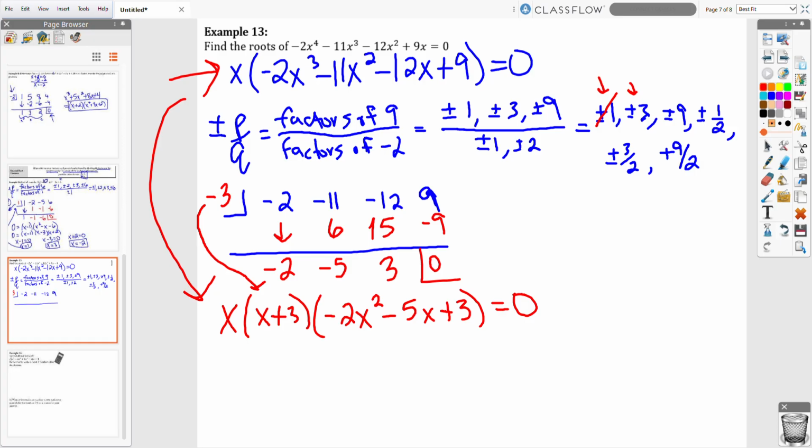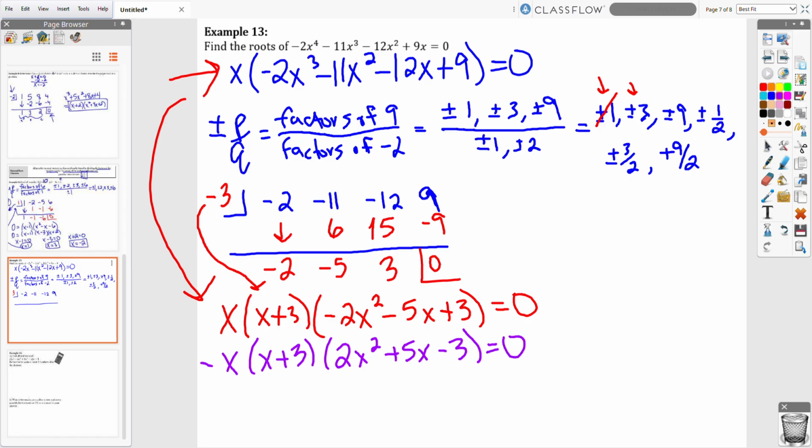Whenever I factor quadratics, I like having my leading coefficient be positive. So I'm just going to factor a -1 out of this quadratic, and I'm just going to put it in the front there. So if I factor that -1 out of this quadratic, it'll be a +2x squared, a +5x, and a -3.